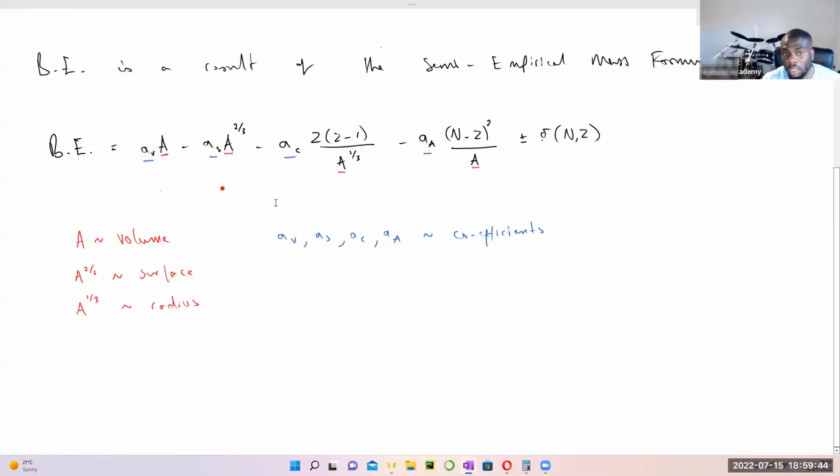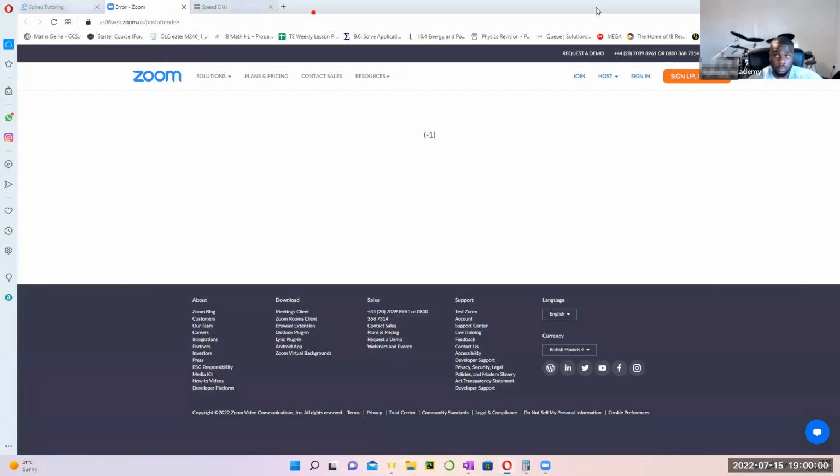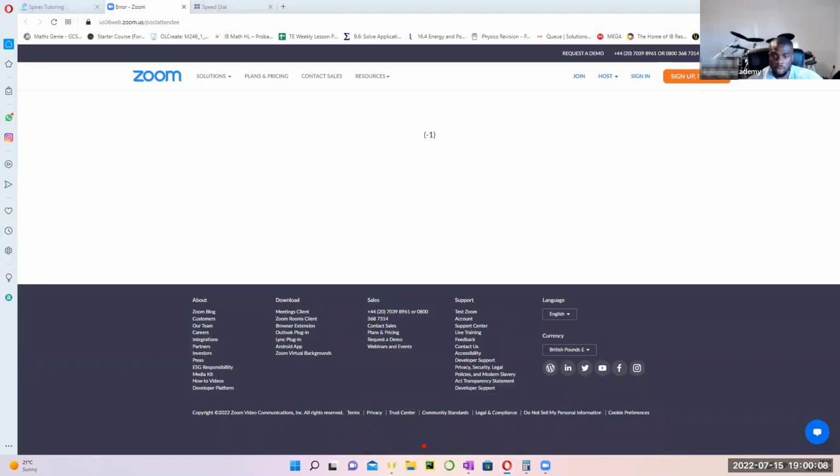And I'll briefly talk about what they mean. So binding energy, okay? Remember, you are trying to form a nucleus and bind it as tightly as possible. When you bind things tightly, remember when we talked about potential, the gravitational potentials?